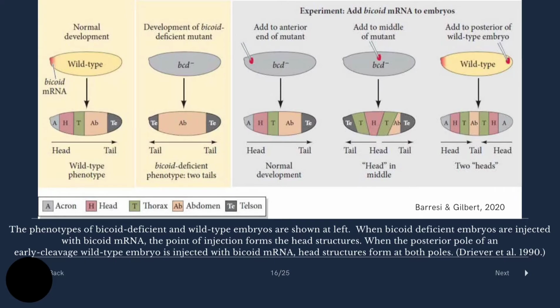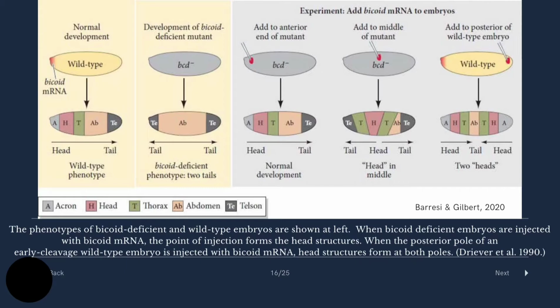When it already lacked the bicoid mRNA, and if we are adding bicoid mRNA to the bicoid lacking embryo, it results in the formation of the normal acron region with head, thorax, abdomen, and telson with head and tail, and results in a normal development. That is, the bicoid mRNA rescues the embryo and results in the formation of a normal embryo.